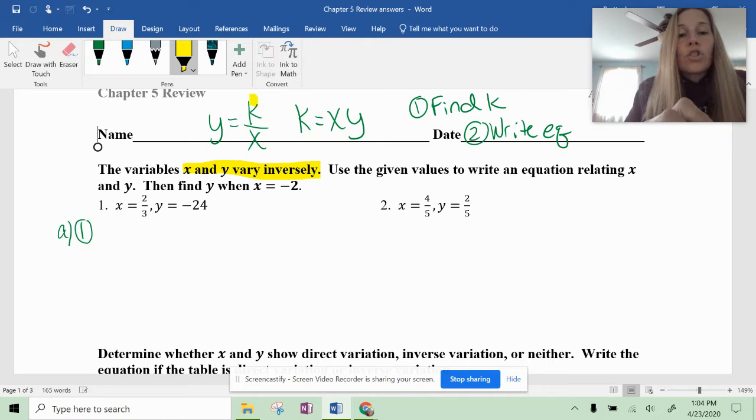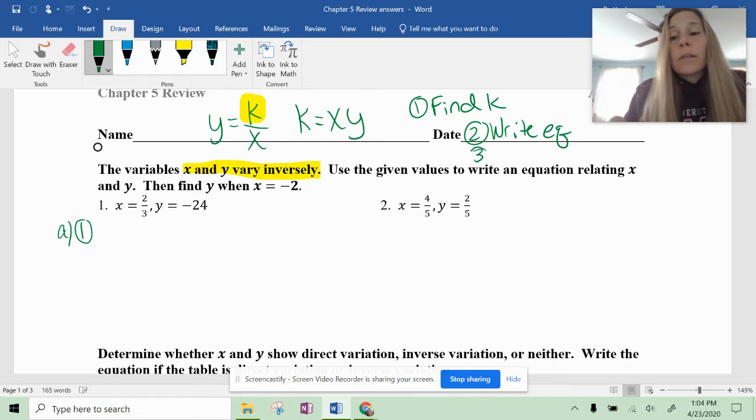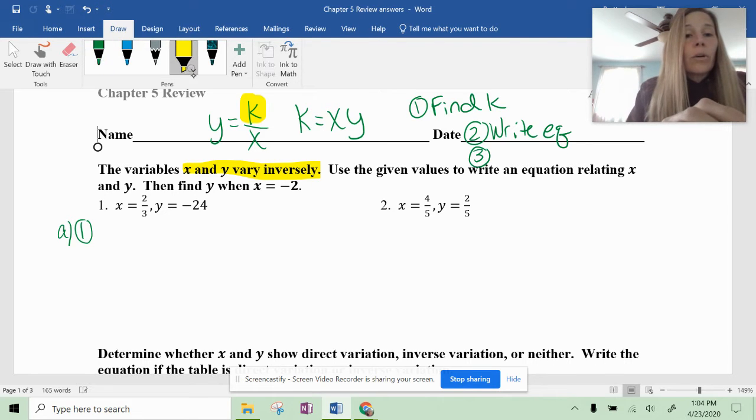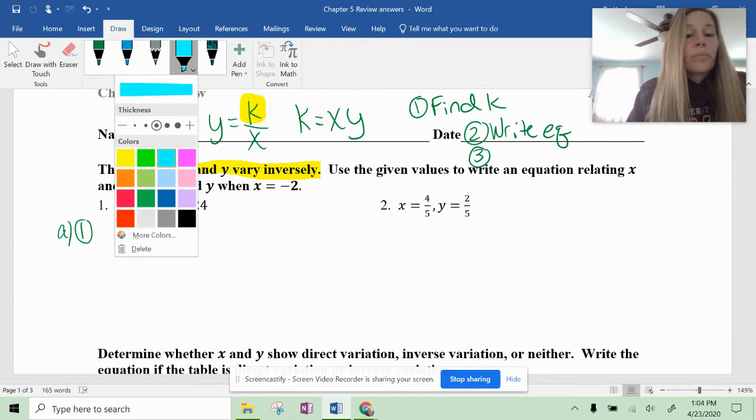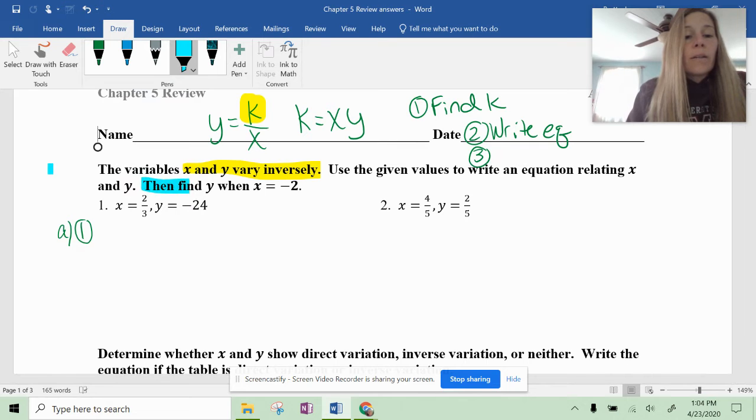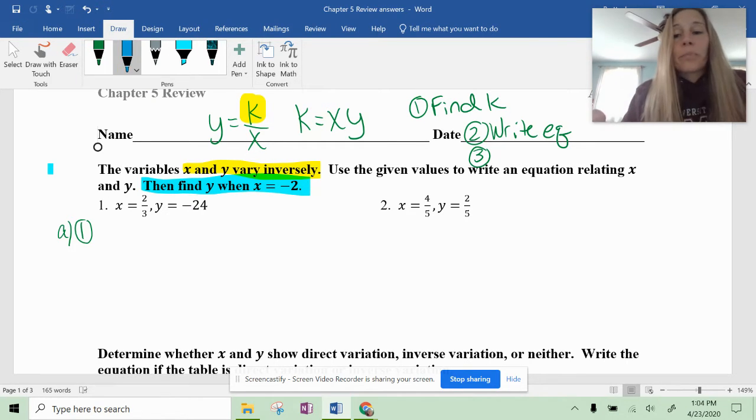So if you remember, that's just substituting in that value that you get for K, but leaving the X and Y as variables. And then thirdly, you'll do the second part of the problem, which is to then find Y when X equals -2. So that's when you do that solving portion, okay?